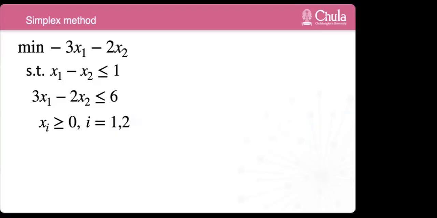Okay, you see, that's very simple as long as the original problem is in the correct form, where you can write a canonical form. Everything is fine, right? Now we consider a special case. This problem, minus 3x1 minus 2x2, okay?